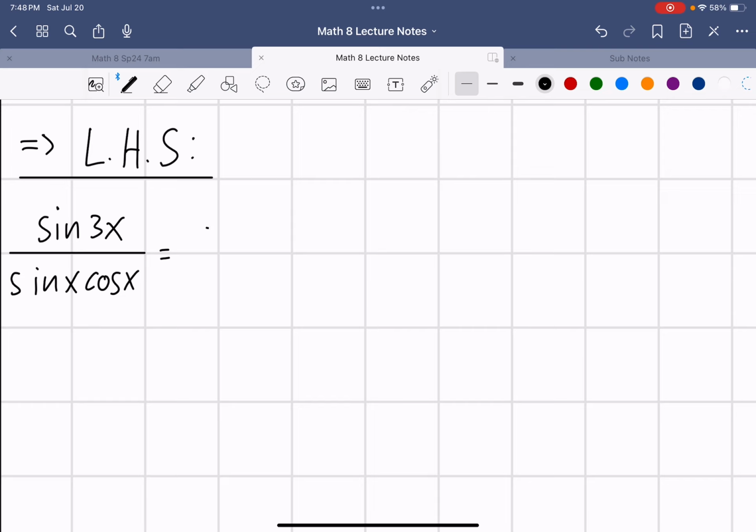And the trick is writing, just because we got finished doing the sum formulas, I'm going to write this as sine of x plus 2x over sine of x cosine of x.